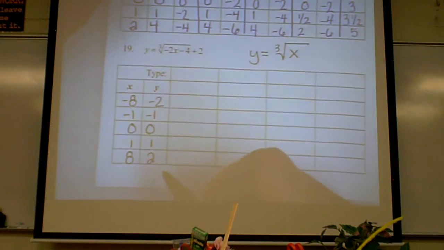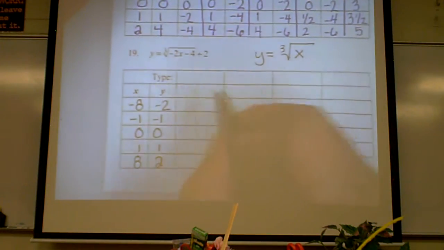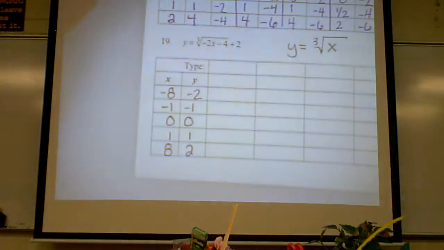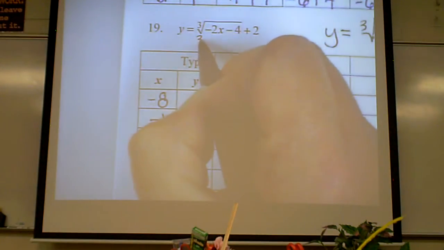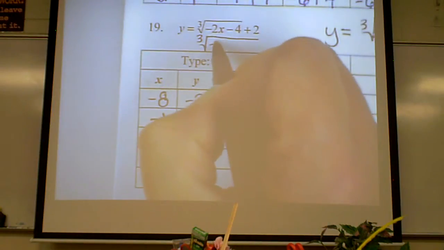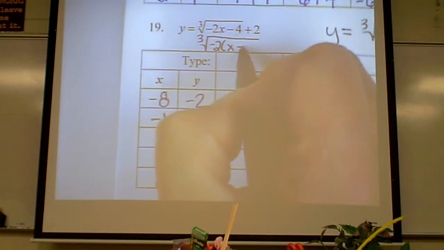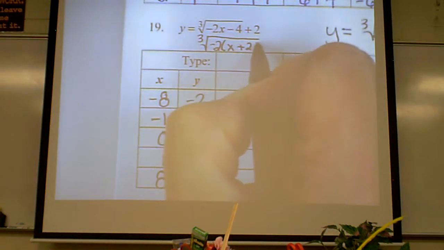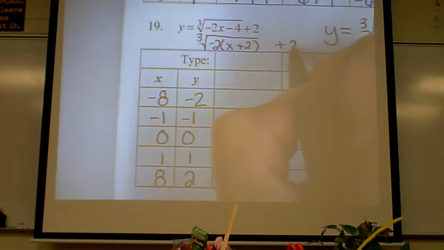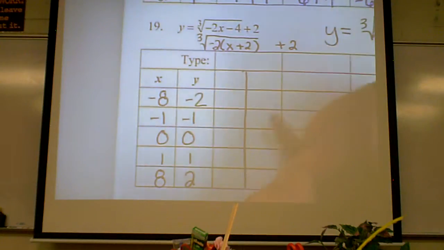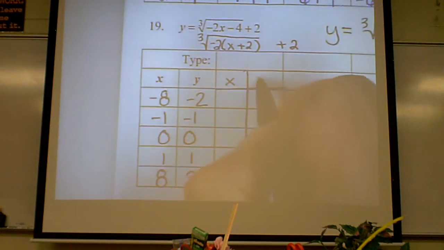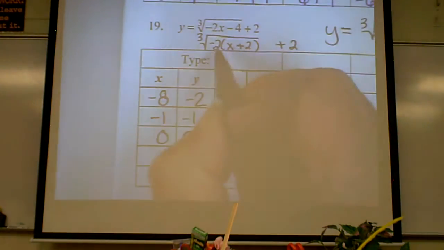So plot your points. Now, what should be the next thing you do to this problem? Multiply x values by -1/2. Okay, now, this is what I think you should do. What's the first thing you're going to do?